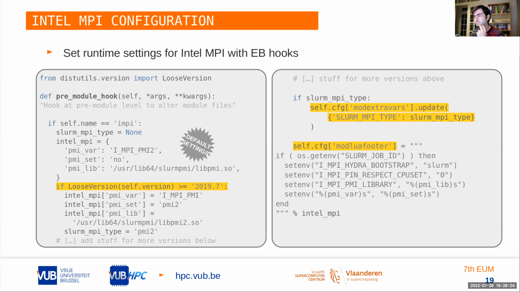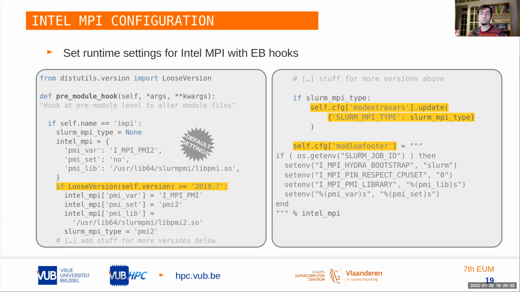So finally, once we have all our settings in place, then in this pre-module hook, which is the hook that triggers just before the generation of the module file in EasyBuild, we can either just use the modextravars parameter, which will inject these new environment variables in the module file, or you can also inject snippets of code as a footer into the module file.